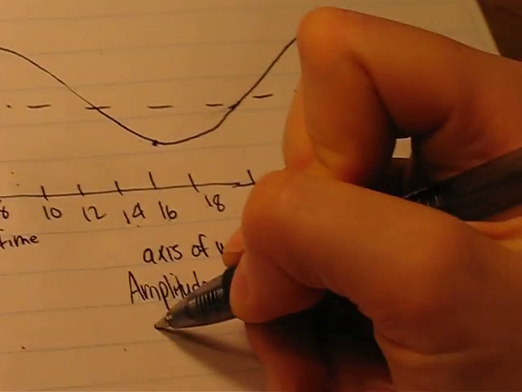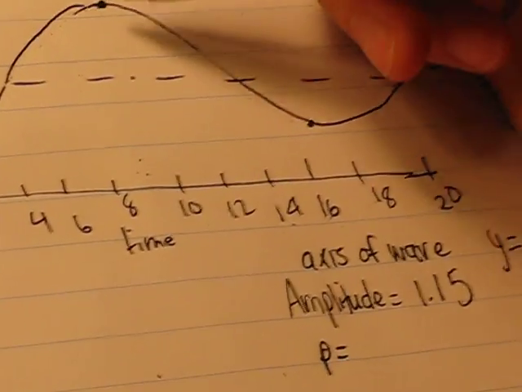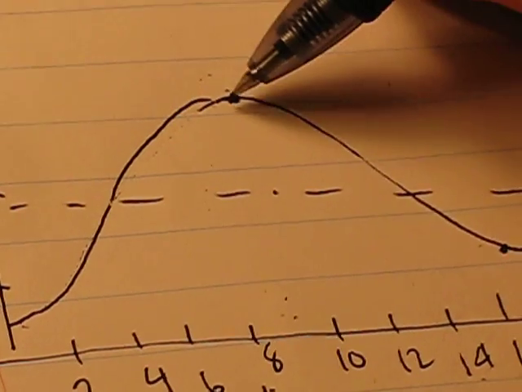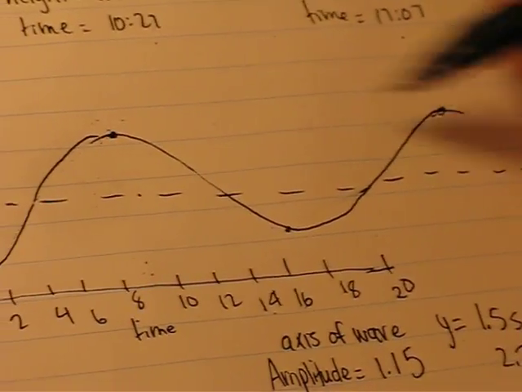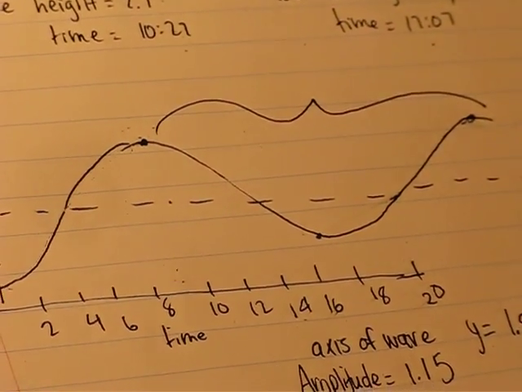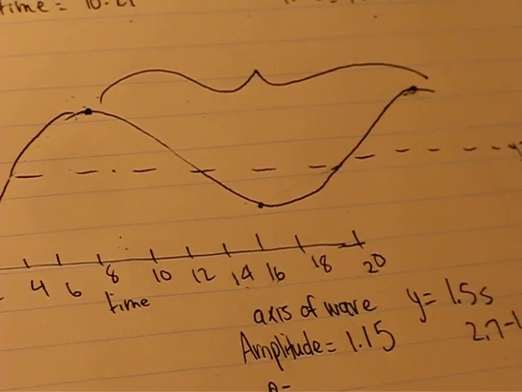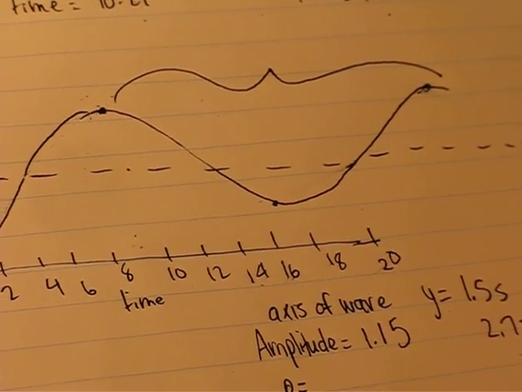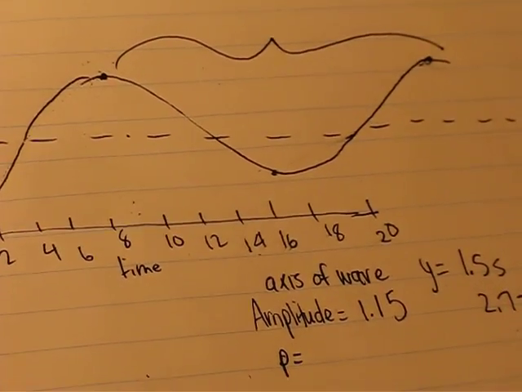The next point is the period. To get the period, we need to find the distance that occurs in one cycle, which would be this area. We do this by doing the low tide time minus the high tide time, times 2.